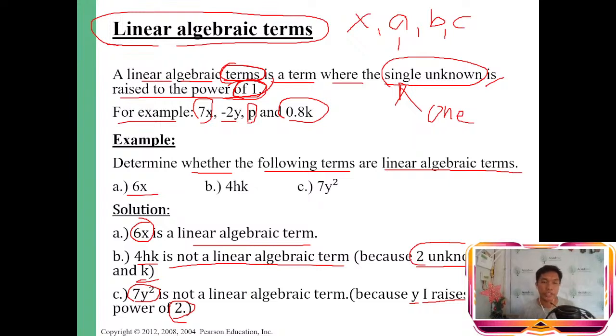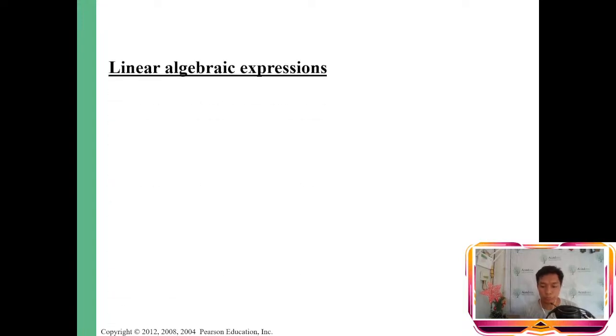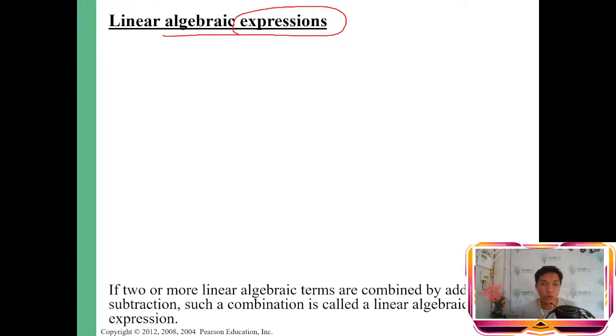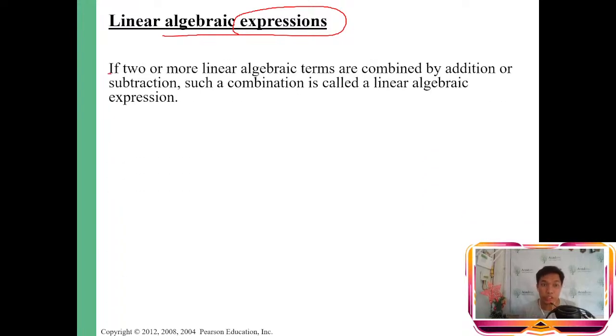Now, let's have another vocabulary. How about if we say linear algebraic expression? A while ago we learned term. Now we will learn expression. An expression means two or more linear algebraic terms are combined by addition, or subtraction.